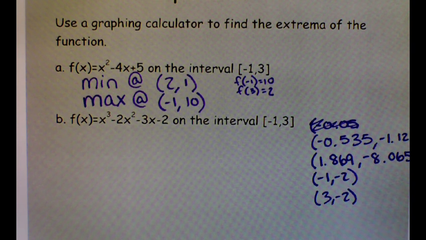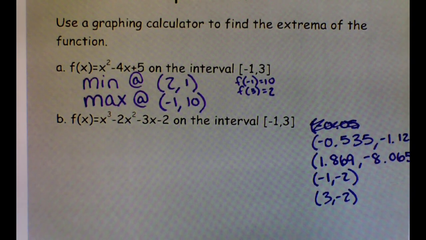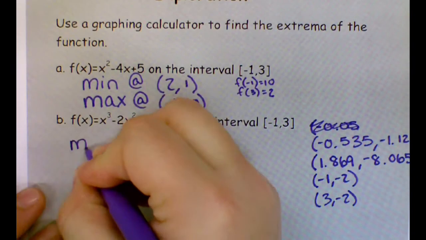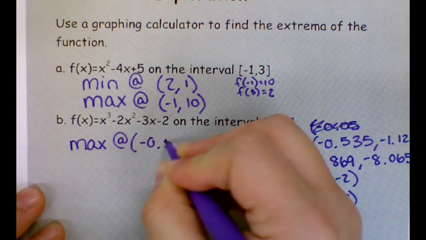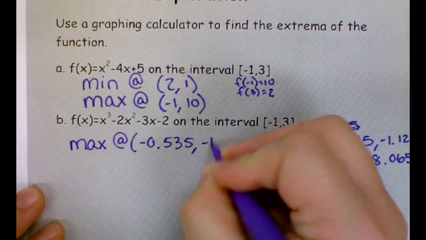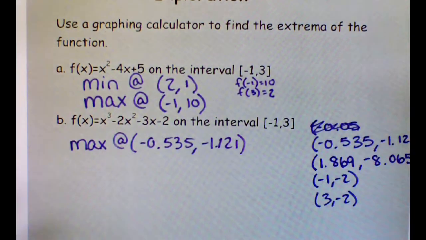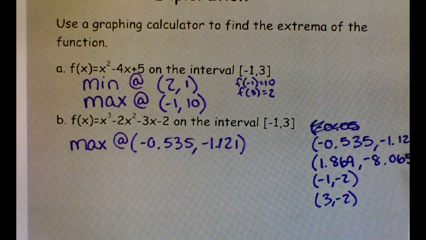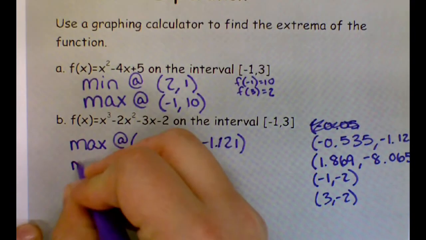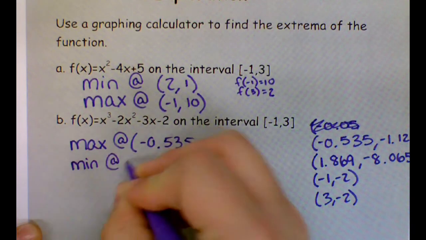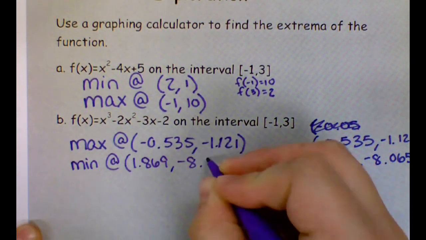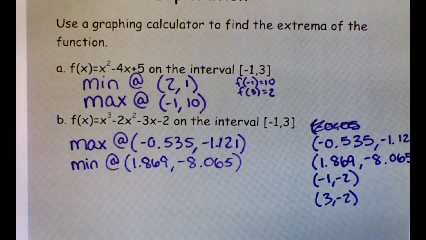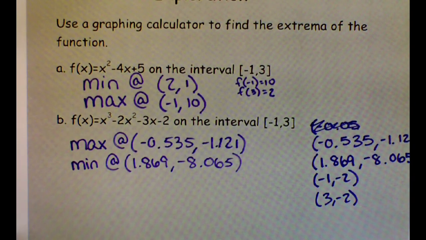Well, the highest it goes, the biggest of these numbers, is negative 1.121. So my max is at (-0.535, -1.121). My minimum is definitely the negative 8, so my minimum is at (1.869, -8.065). So make sure that you always check those endpoints also.